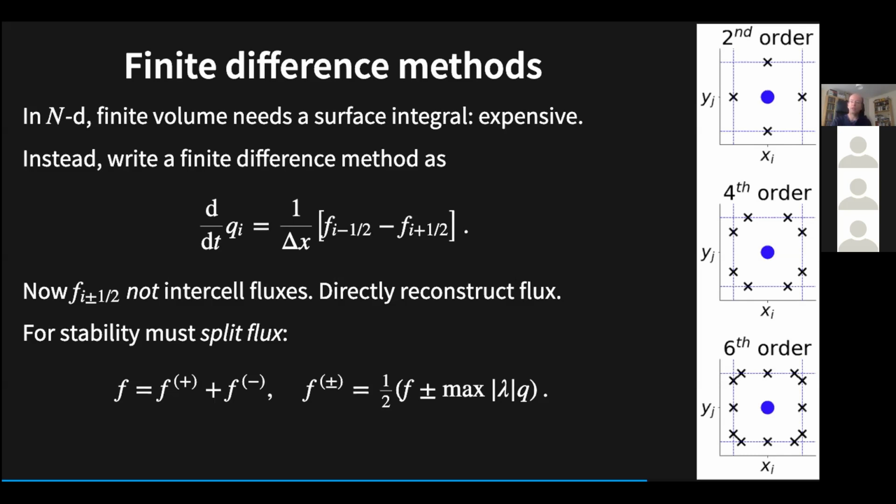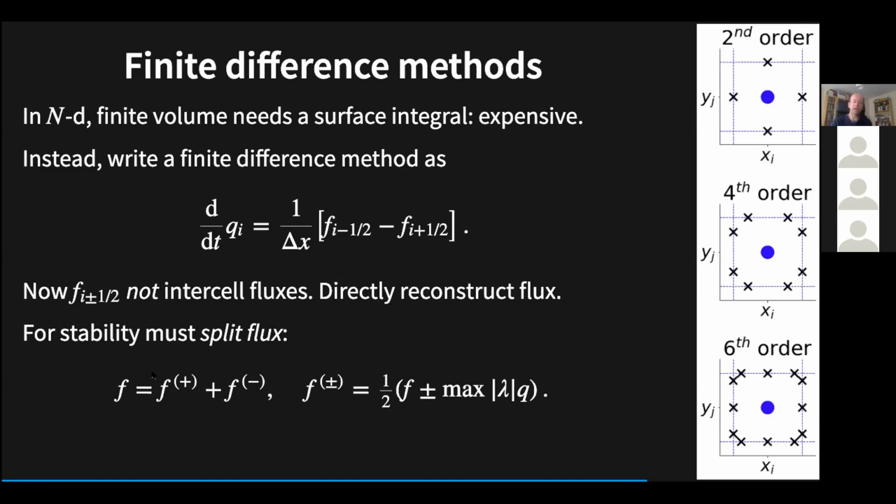So we need to build that characteristic information in to our method somehow. And the standard way of doing that is to use a flux splitting. So we're still going to work with the fluxes, but I'm going to split it into two parts. One part that propagates in the positive direction, F plus, and one part that propagates in the negative direction. Now, it's a bit strange to talk about the flux propagating when it's really the solution propagating.